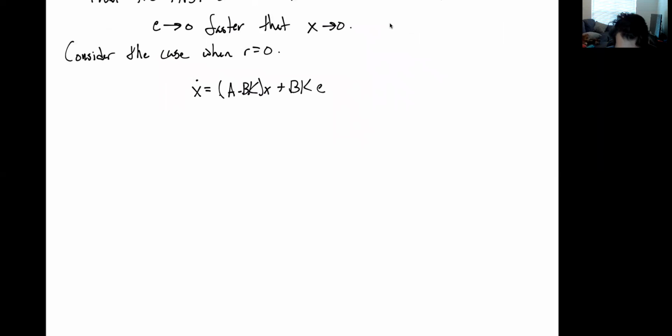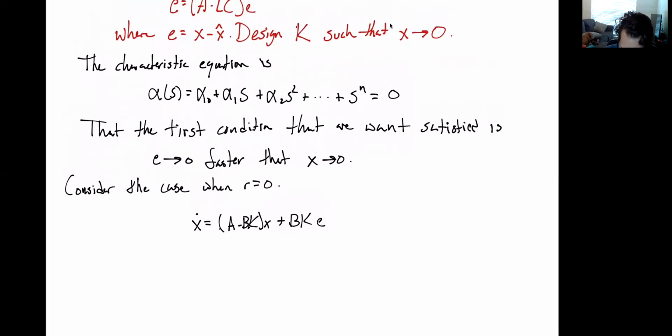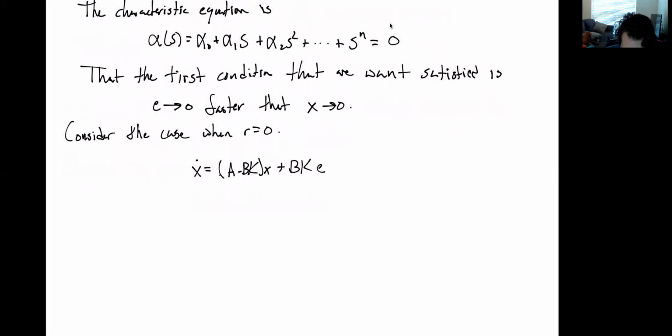So now if we plug in the A minus BK into our characteristic equation, we can use again the Cayley-Hamilton theorem to prove that the matrix A minus BK has to satisfy its own characteristic equation.